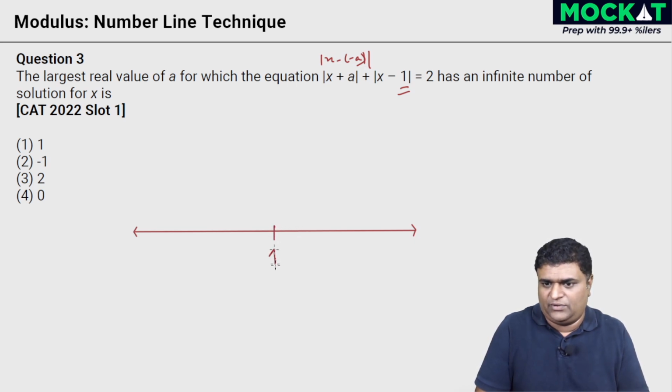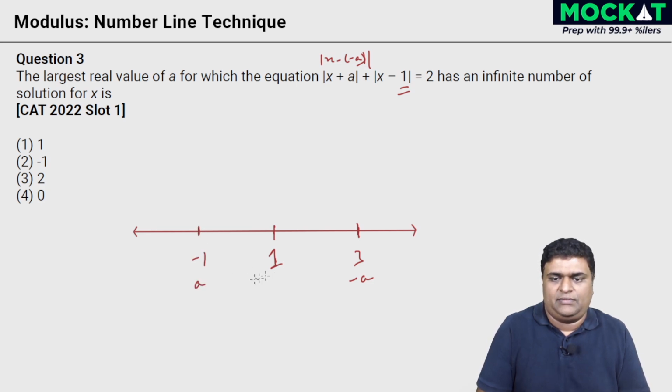You have to rewind and watch this and think about this concept again. From 1, I want to be at a distance of 2, the minus A value. Either I can have 2 units to the right, which is 3, can be minus A, or 2 units to the left, which is minus 1, could be minus A, right?